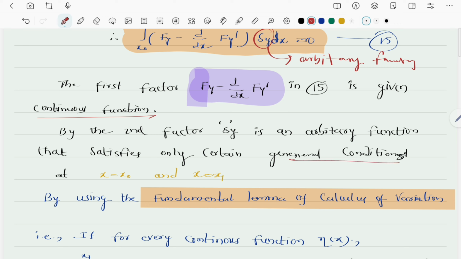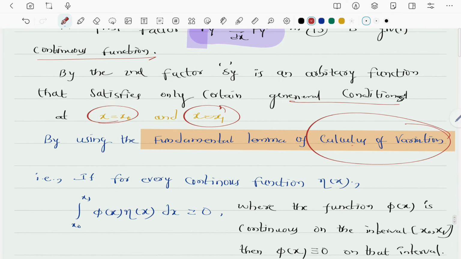Therefore, by the fundamental lemma of calculus of variations: if for every continuous function eta of x, the integral from x0 to x1 of phi of x times eta of x dx is equal to 0, where the function phi of x is continuous on the interval x0 to x1, then phi of x is equivalent to 0 on that interval.